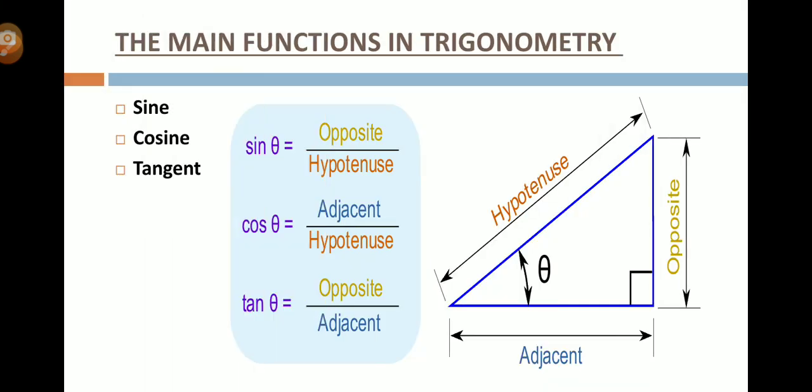The main functions in trigonometry are sine, cosine and tangent. There are more functions, but these three are the main ones. They are simply one side of a right angle triangle divided by another.